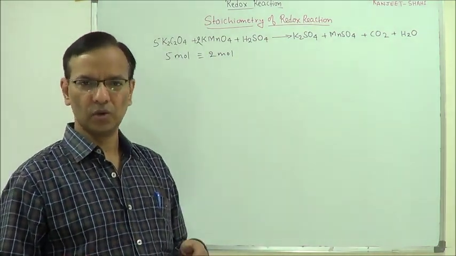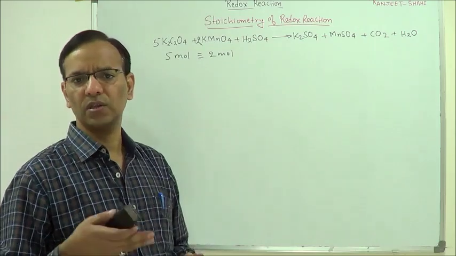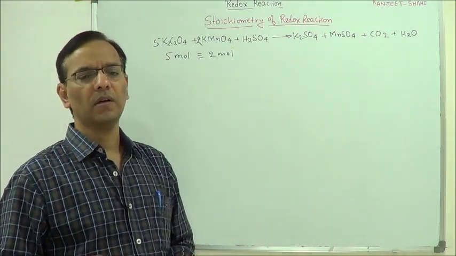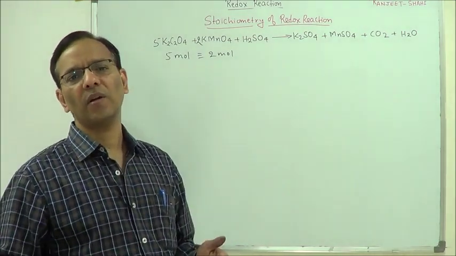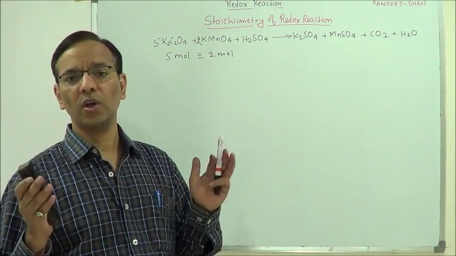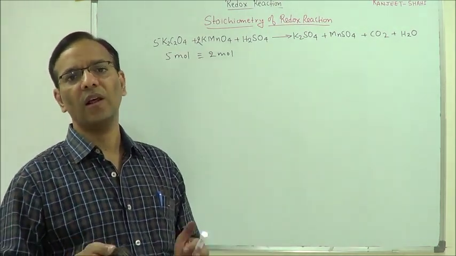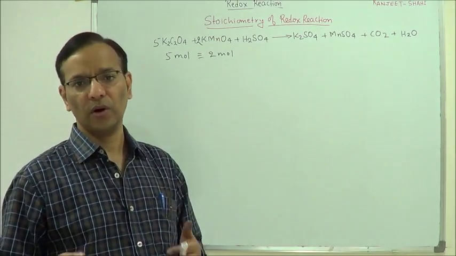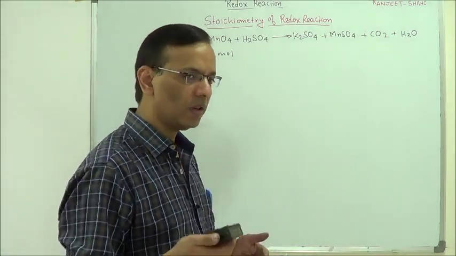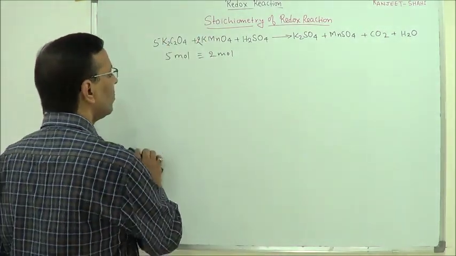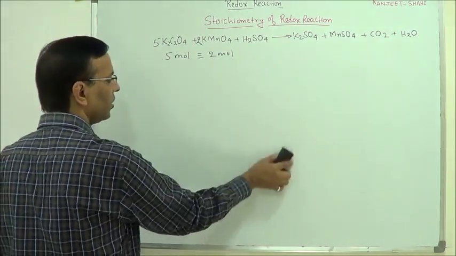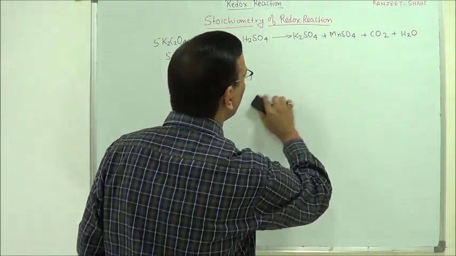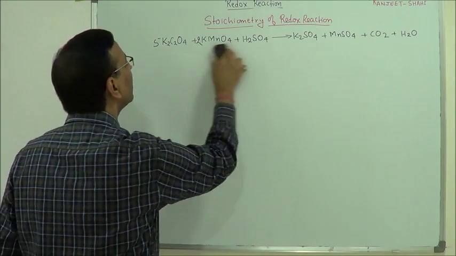Acid-base titration can also be very easily solved using the concepts of equivalence. But concepts of equivalence works well especially in case of redox reaction. And with the help of concepts of equivalence, a redox reaction can be solved without balancing.